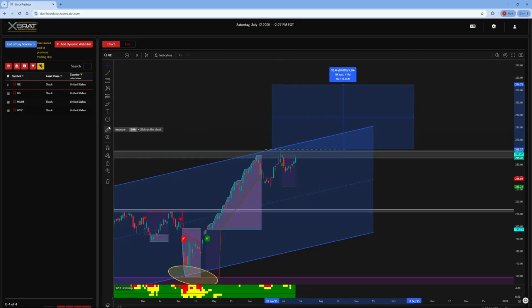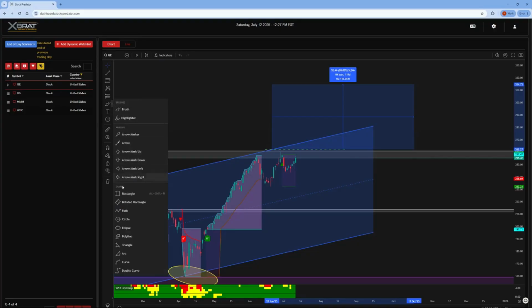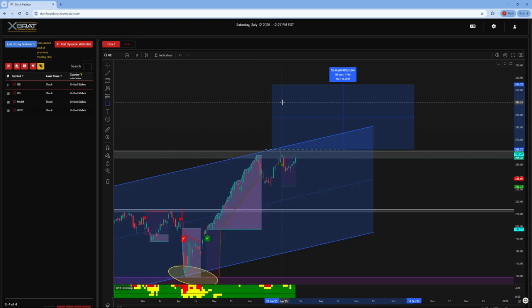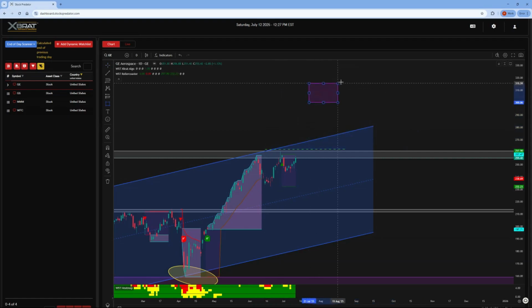I'm not going to teach you options. I'm just going to do this technical analysis. So when I look to put a target zone in here, I'm going to go 300 to around 310. Color that in a different color. So that's my target zone there.